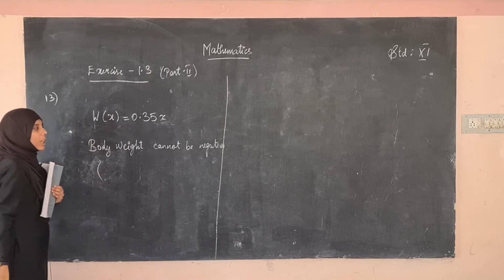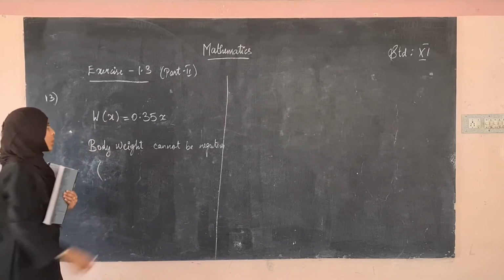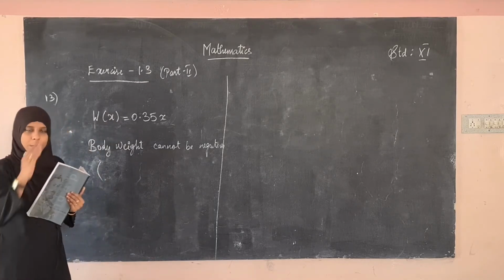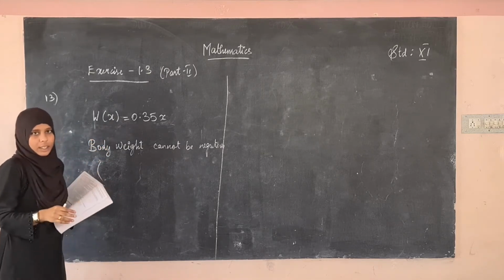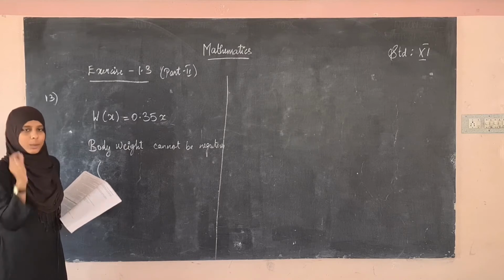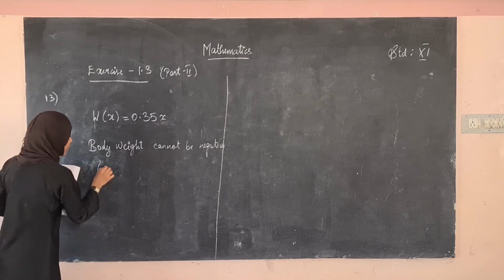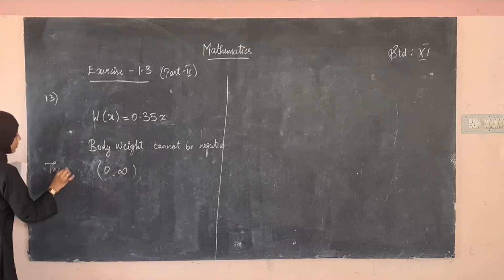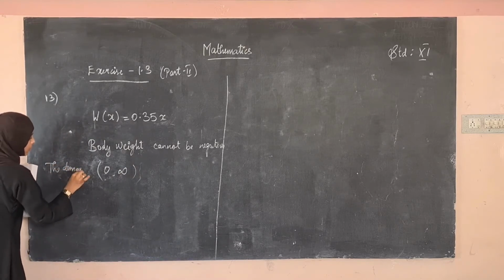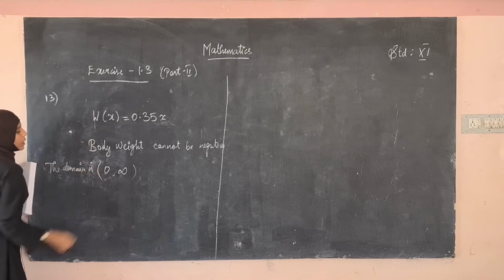Therefore, what will be the domain for this function? That is from above 0. The muscle weight cannot be 0, right? There will be some weight. So the muscle weight cannot be 0. Therefore, it will be from 0 to infinity. The domain is from 0 to infinity.